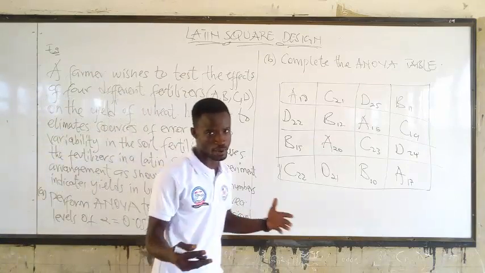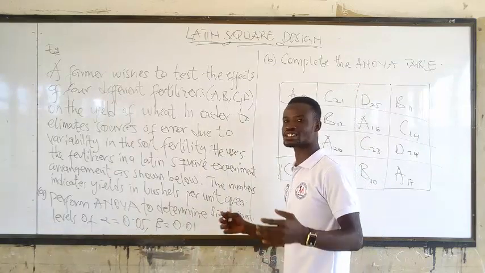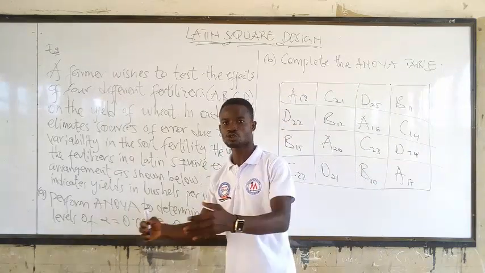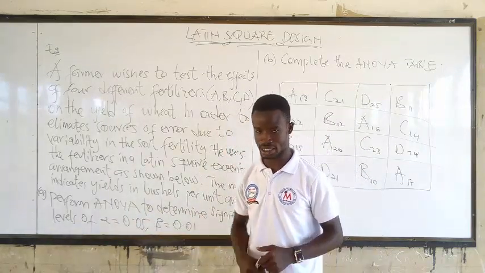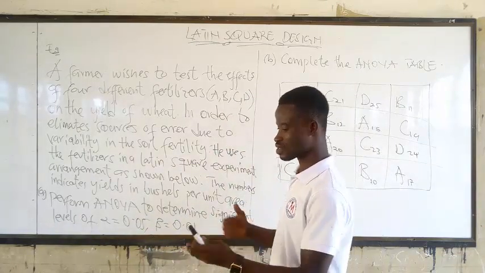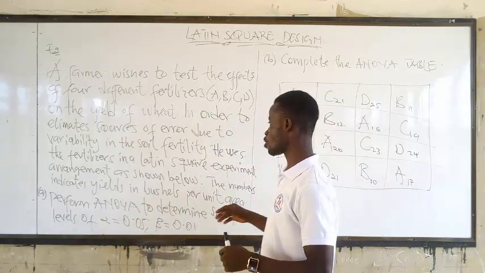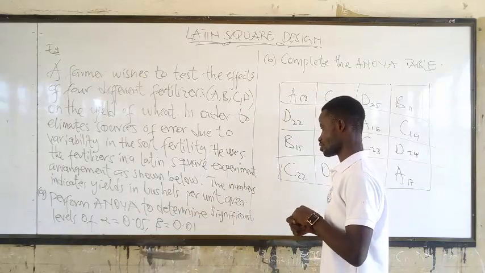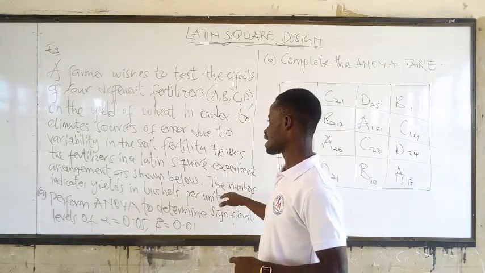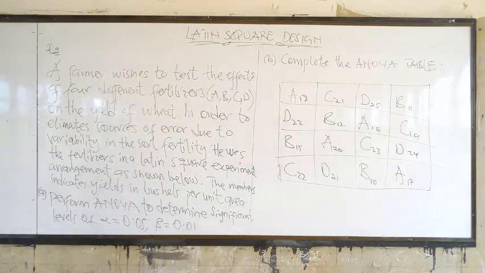Why Latin square experiment? You know that in Latin square experiment, we consider how many sources of variability? 2 sources of variability. So that is why in such cases, it's only Latin square that will help you to perform such an experiment. The number indicates yields in bushel for unit area.